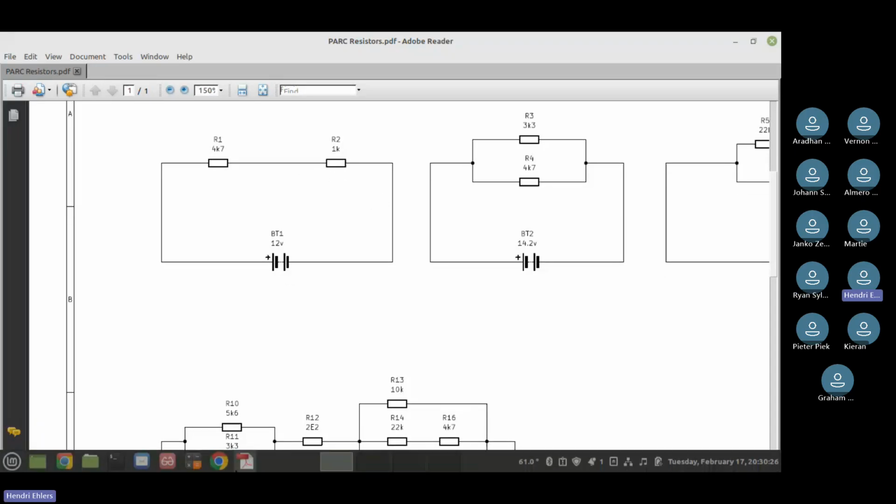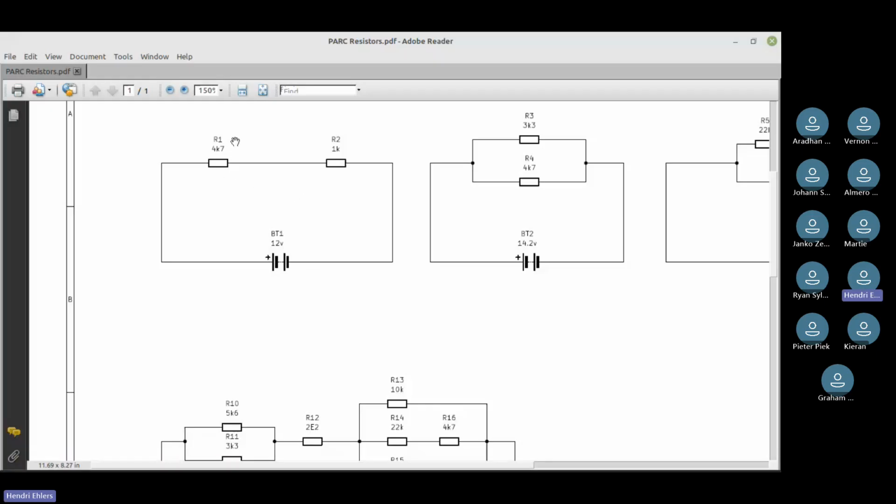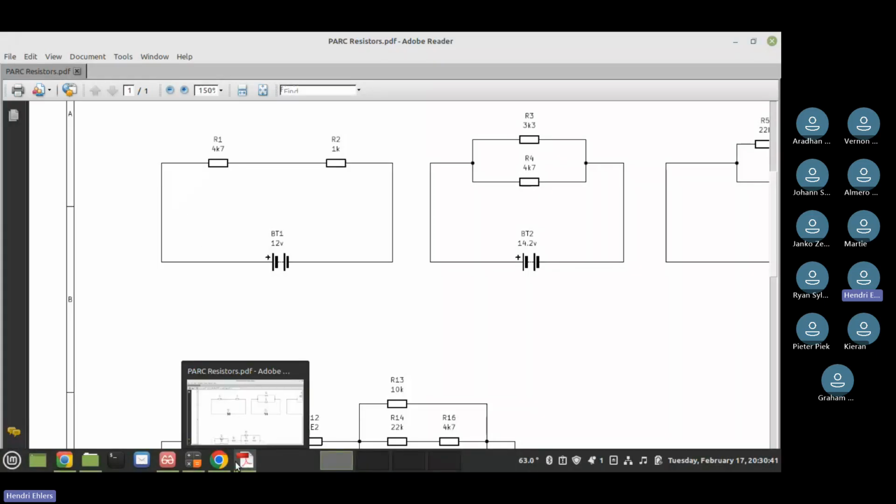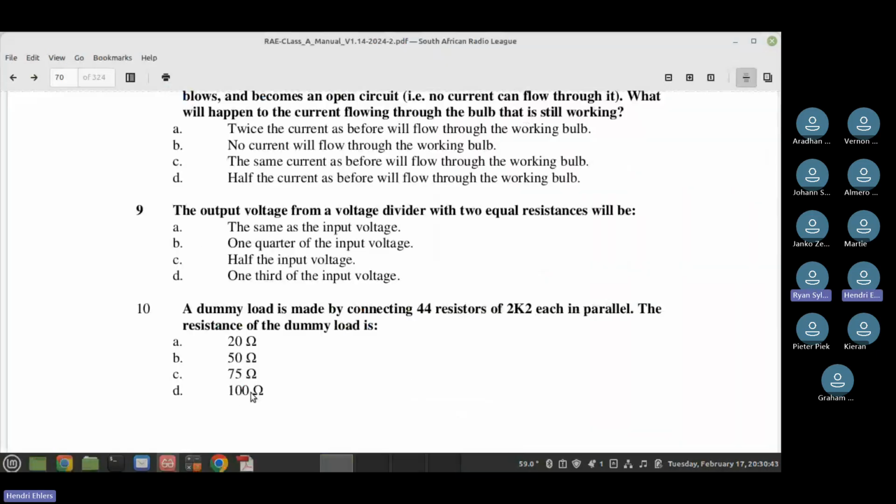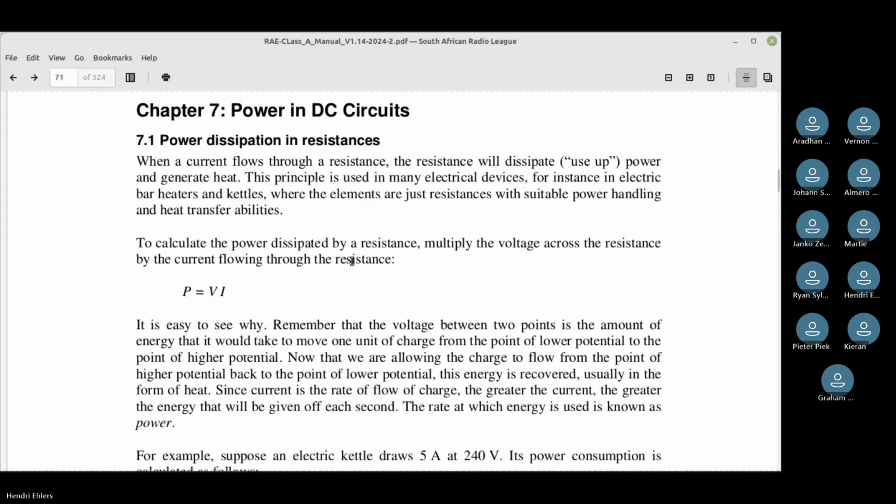So we haven't done power yet, but you'll have to calculate the current and the voltage drops before you can do the power anyway. I think the power we are doing on Thursday, if I'm not mistaken, let's just see here. Power in DC circuits, yeah.